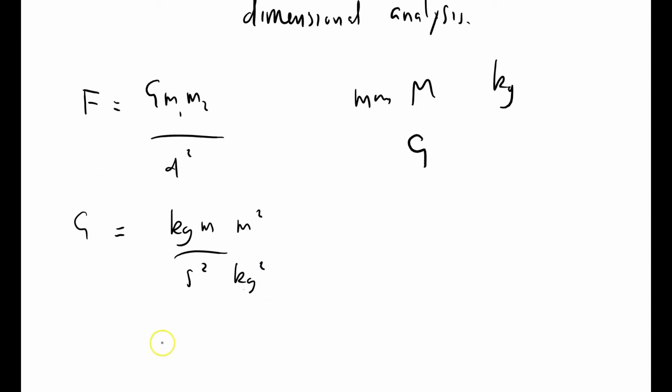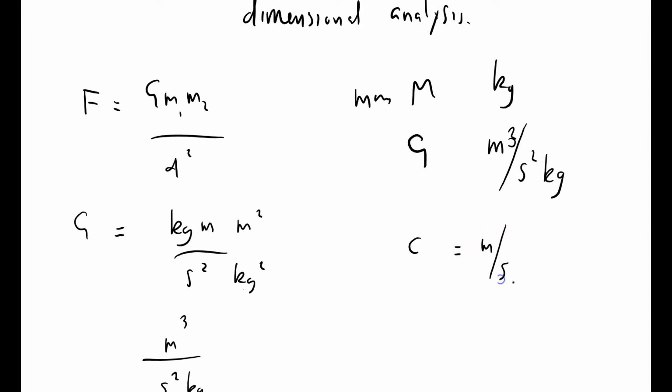So what have we got left? We've got meters cubed per second squared kilograms squared. Was it kilograms squared? No, it's not kilograms squared. I think there's only one kilogram left on the bottom. There we go. And of course, we've got the speed of light, c, in meters per second.